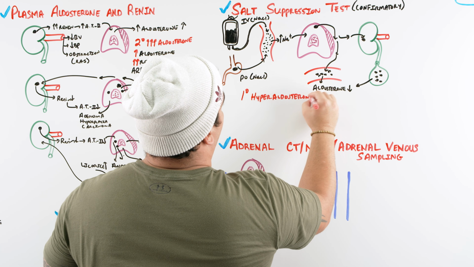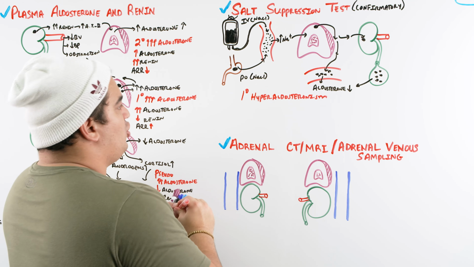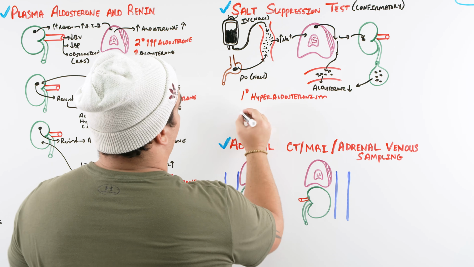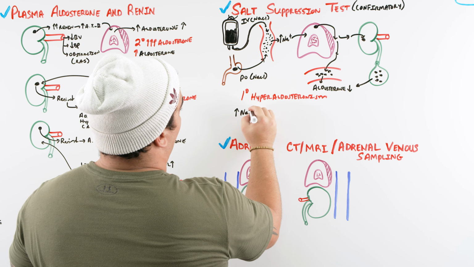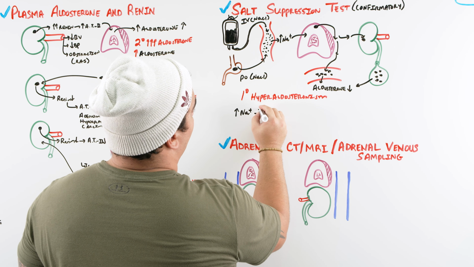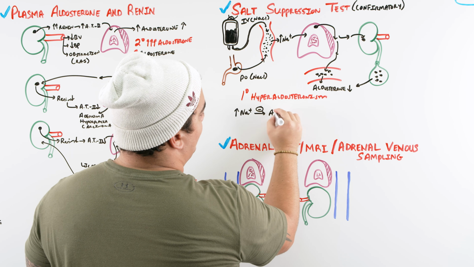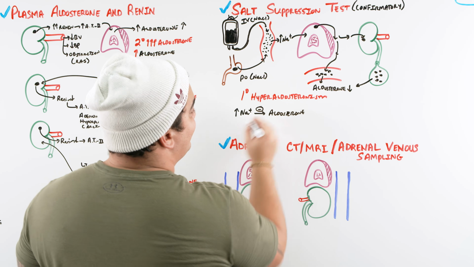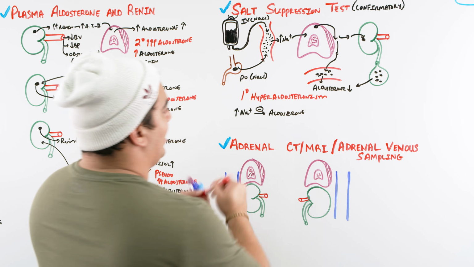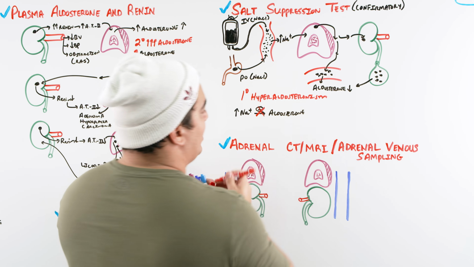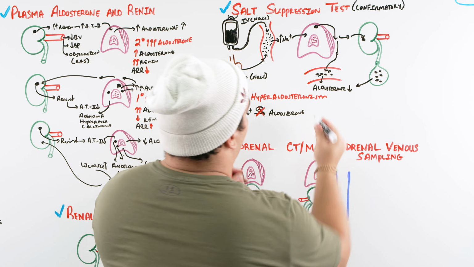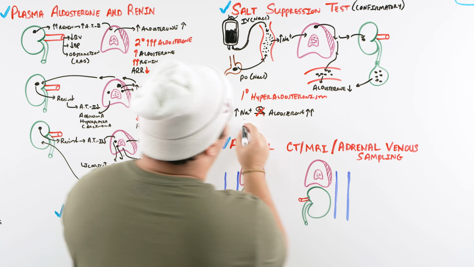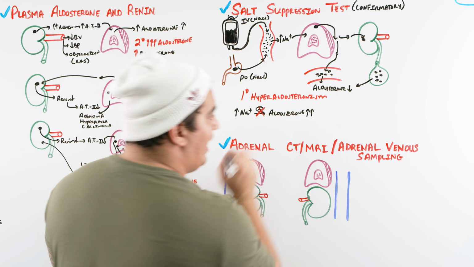You give them the sodium, and normally it should suppress aldosterone production, but it does not. And so aldosterone levels will remain high, even though the sodium should inhibit it.